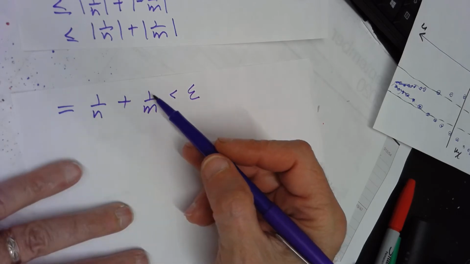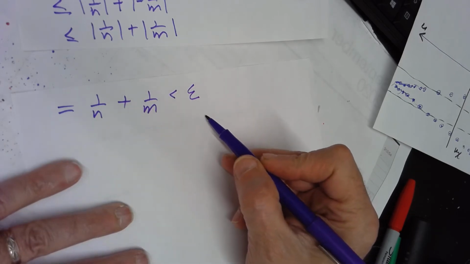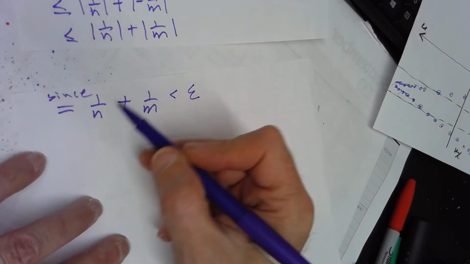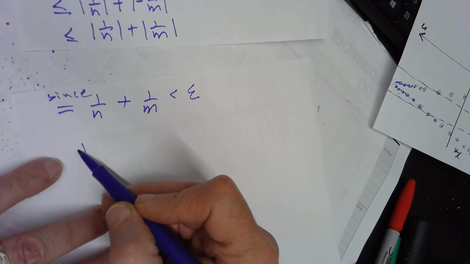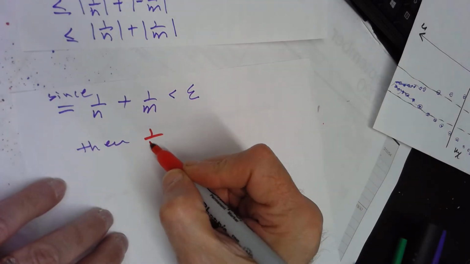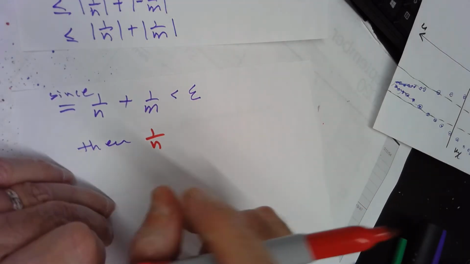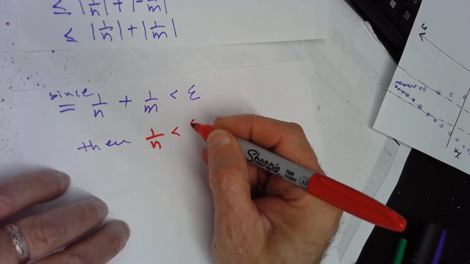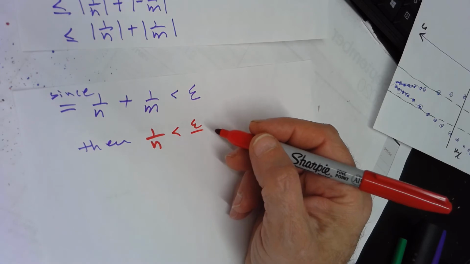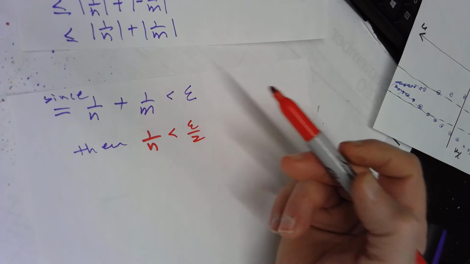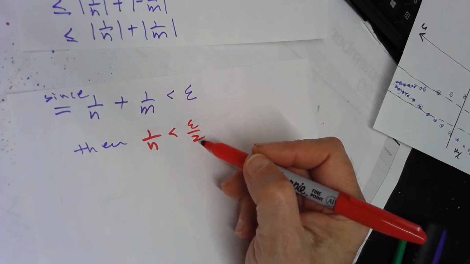Since 1 over n plus 1 over m is less than epsilon, then we can say that 1 over n is less than, we'll say, epsilon over 2. So let's say we divided these up and we got epsilon over 2.